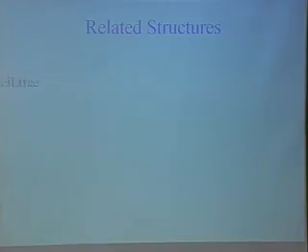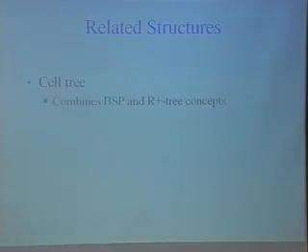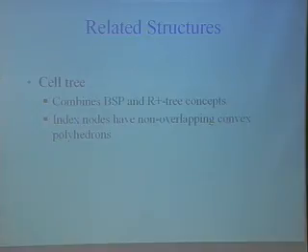Finally, there's something called a cell tree, which combines ideas from the binary space partitioning tree we looked at last time and the R plus tree that I briefly mentioned a second ago. Instead of using MBRs, you use convex polyhedra to divide the space. That reduces the amount of white space in a region, white space being the space that's not occupied by objects in your data set, and so hopefully reduces the number of nodes you have to visit.